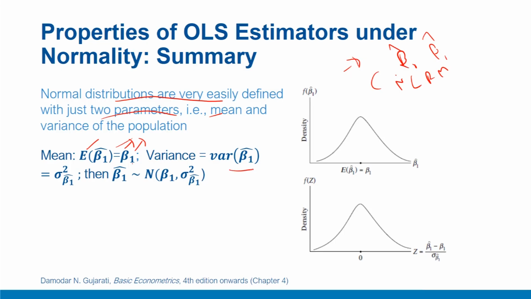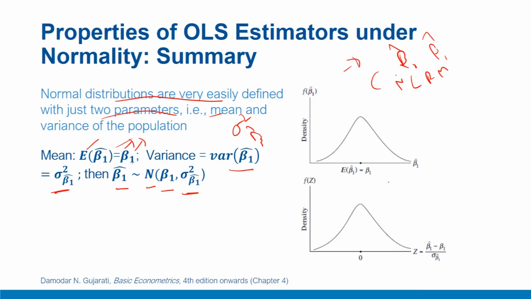Its variance is the variance of beta 1 hat, which we called sigma square beta 1 hat, and therefore we said that beta 1 hat is normally distributed with a mean of beta 1 and variance of sigma square beta 1 hat.